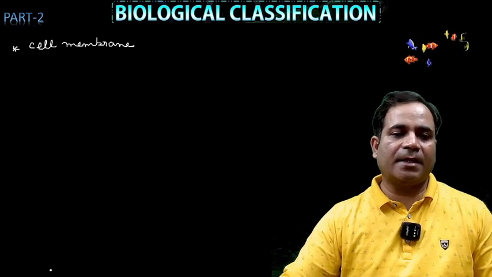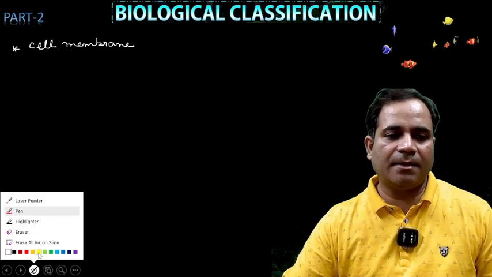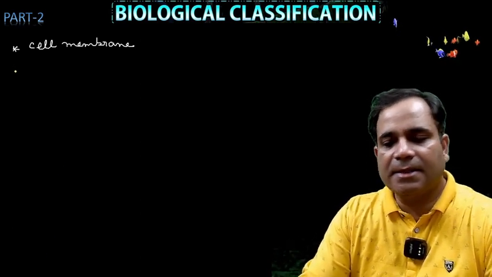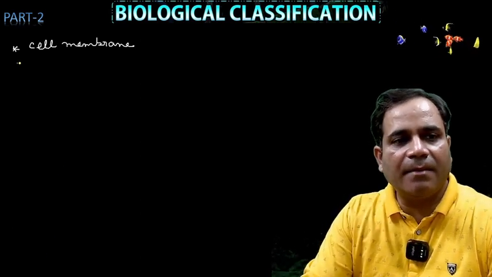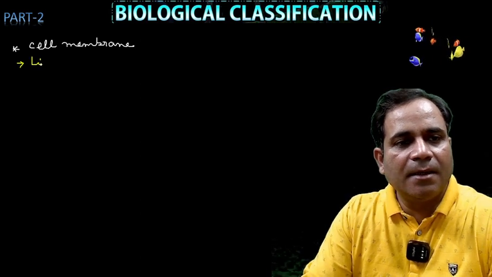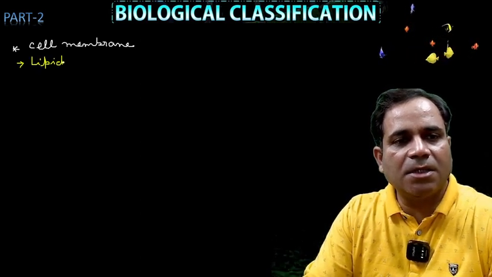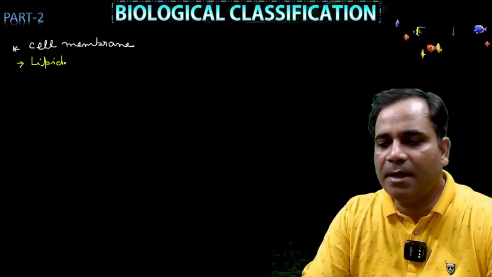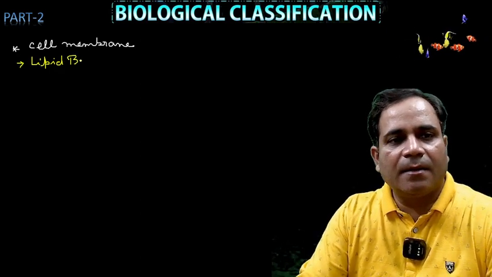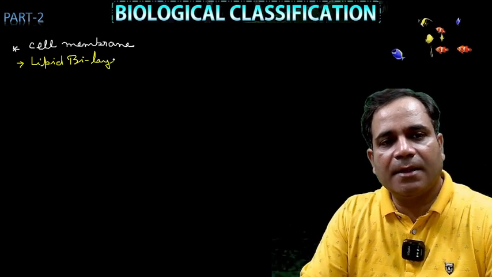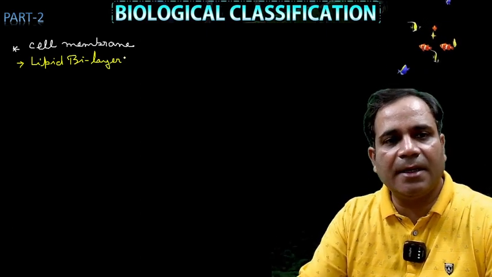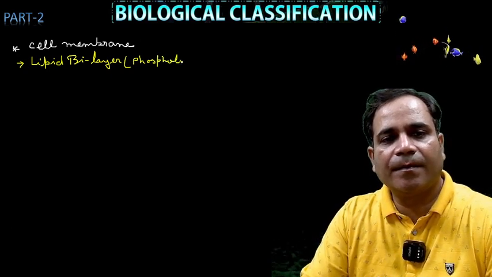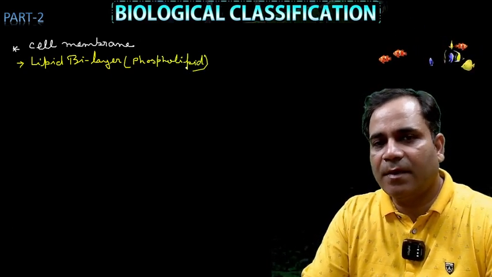The cell membrane of bacteria. We all know that the cell membrane is made up of a lipid bilayer. In the cell chapter, in cytology, you already studied the cell membrane. The cell membrane is a lipid bilayer, which means it is made up of phospholipid.